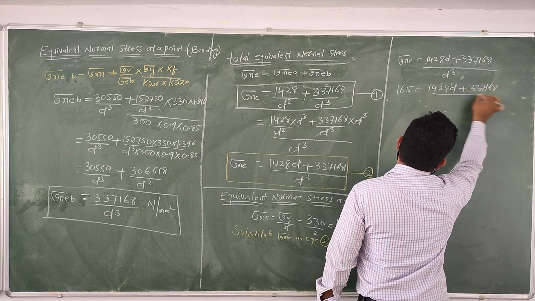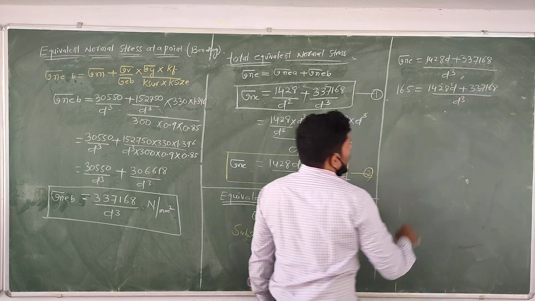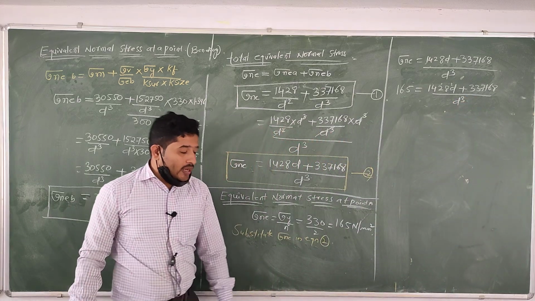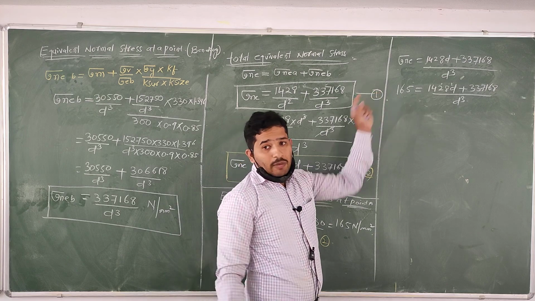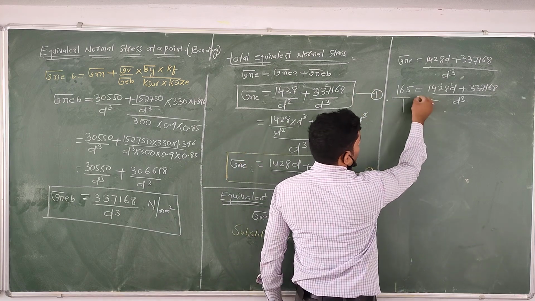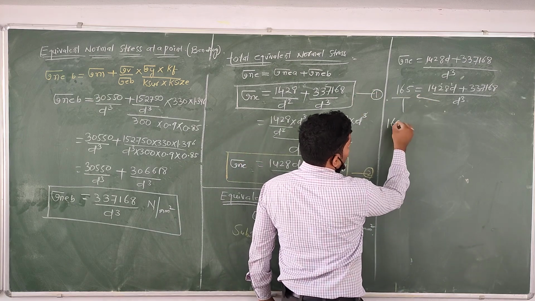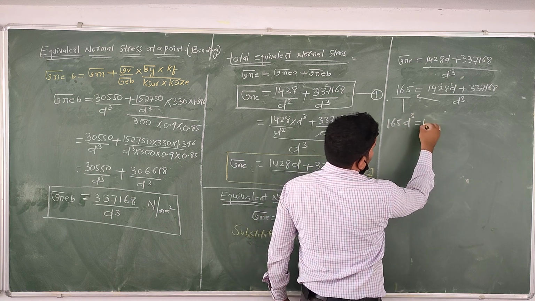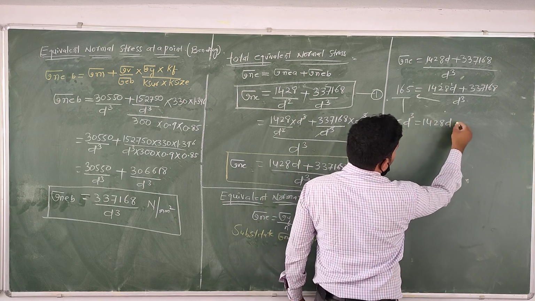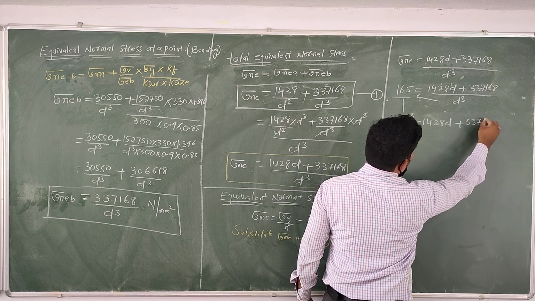337168 by D cube. So in this case, what do we have to do here? You need to cross multiply this term. 165D cube equal to 1428D plus 337168.